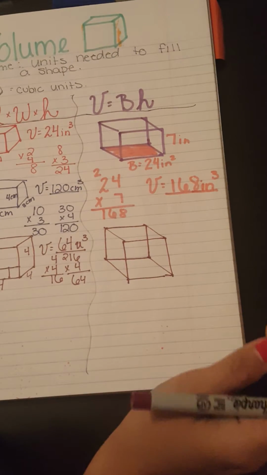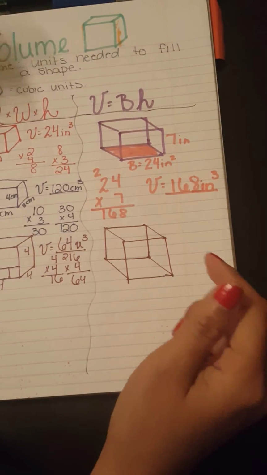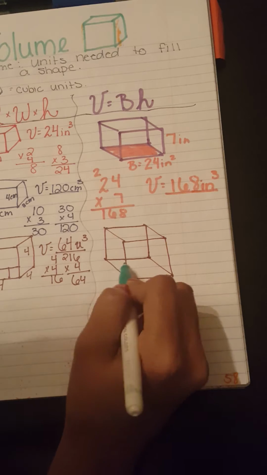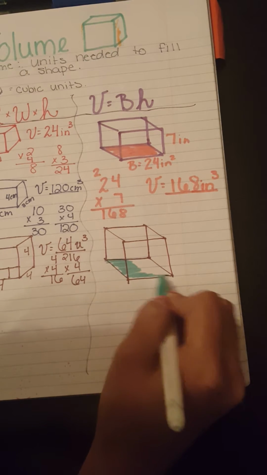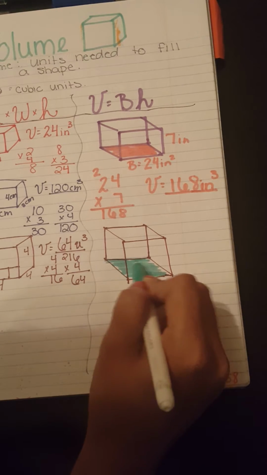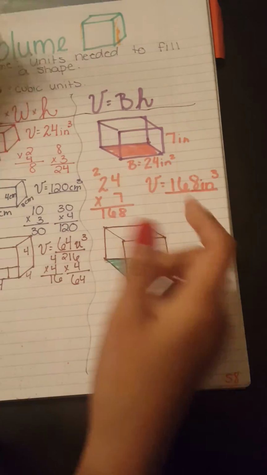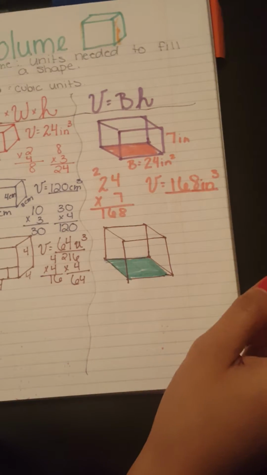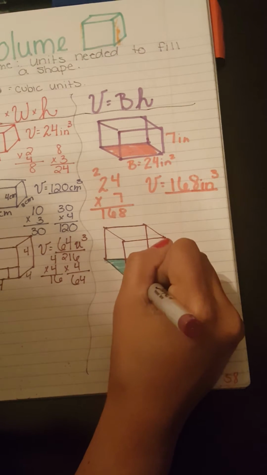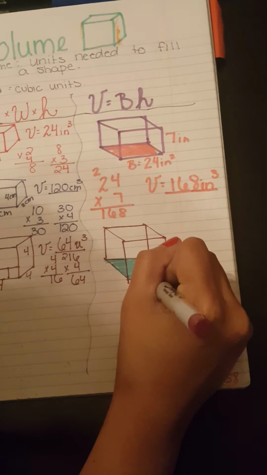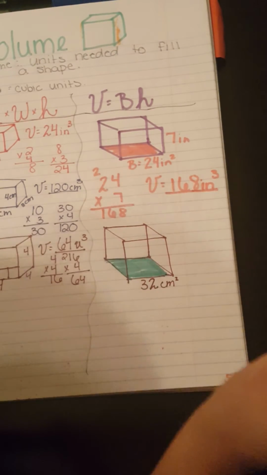Okay, so there's our shape. And they're going to give us the area of the base, which is this bottom section. And the area of the base for this shape is 32 centimeters squared.